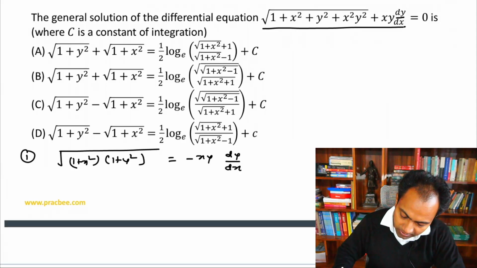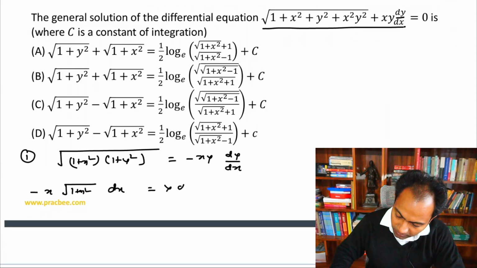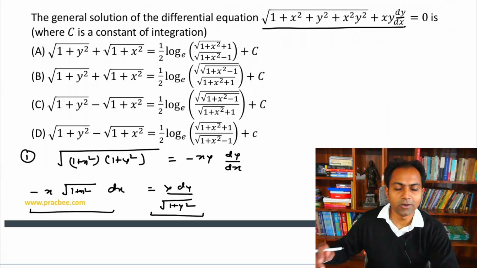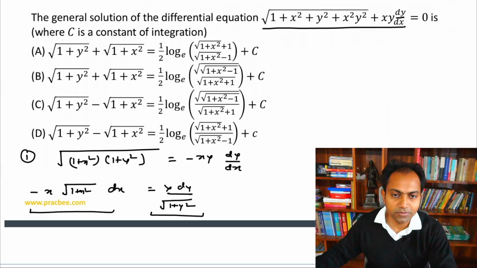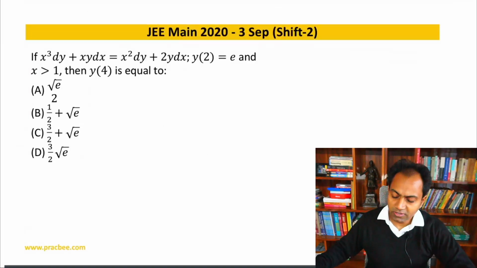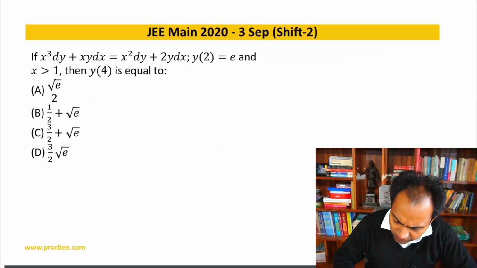We can write this as dx into minus x root of 1 plus x square. On the other side, you have minus dy by root of 1 plus y square. Now, both of these can be integrated very simply. So I have given you a hint, you can try this, and the answer to this question comes out to be option A.